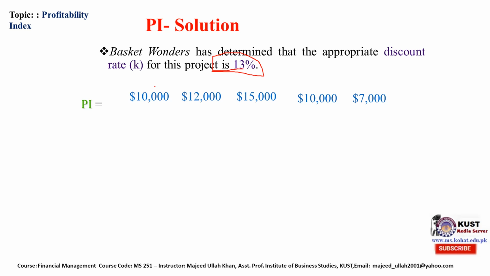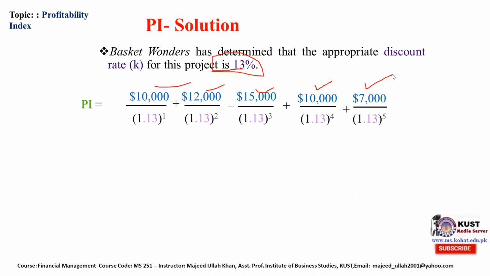This is 10,000 for the first year cash flow, 12,000 for the second, 15,000 for the third, 10,000 for the fourth, and 7,000 for the fifth year. But these cash flows are not enough to calculate the PI. What we will do is calculate their present value. How? We will divide all these respective cash flows by the discount factor raised to the power of their respective years.